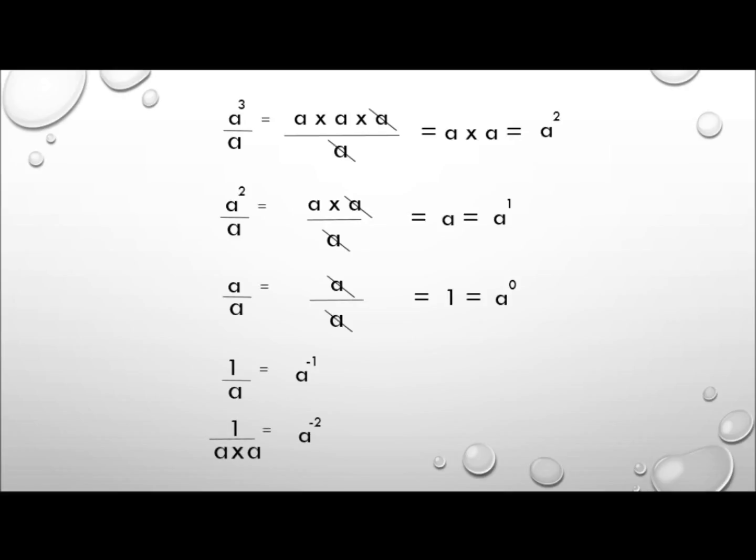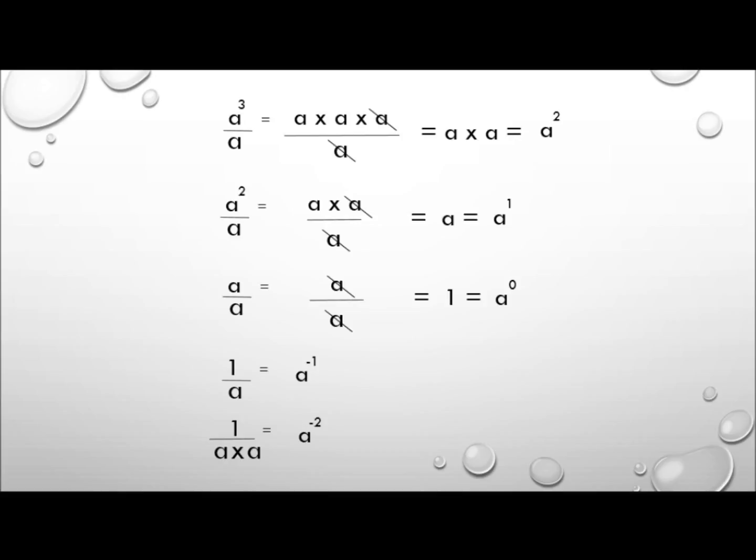And again, we can still divide by a, but this time we've got 2 a's on the denominator, so that's a times a on the denominator. So that's 1 over a squared, which is, if we're subtracting 1 from the index, a to the power negative 2. So a to the power negative 2 is 1 over a squared.